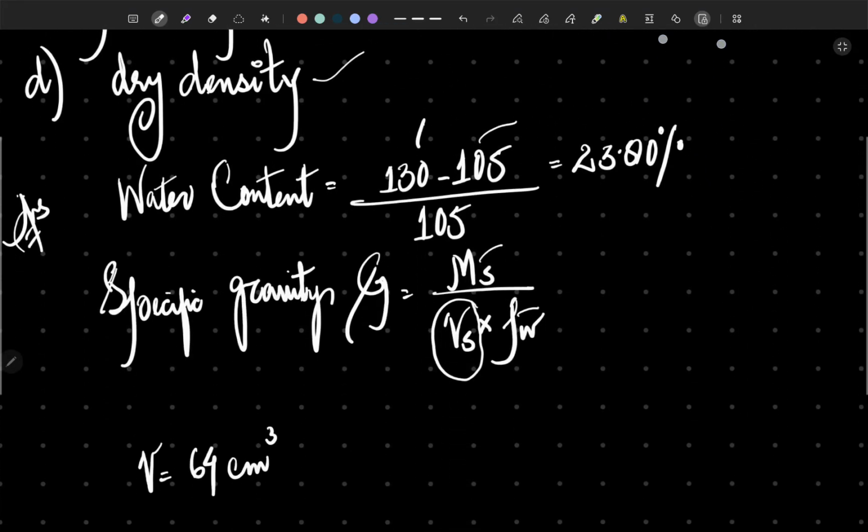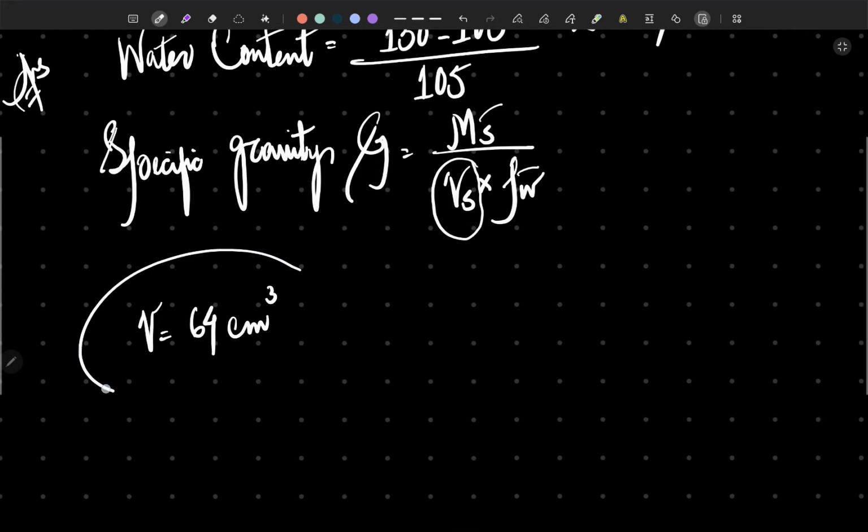This is the total volume, but we need the volume of soil solids. For that, volume of solids will be total volume minus volume of voids.